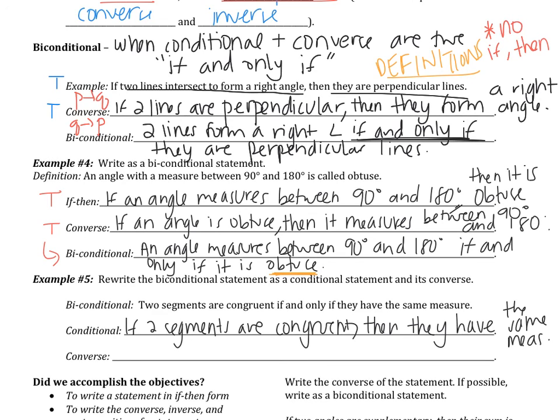The converse is just going to be the reverse direction. If two segments have the same measure, then they are congruent.